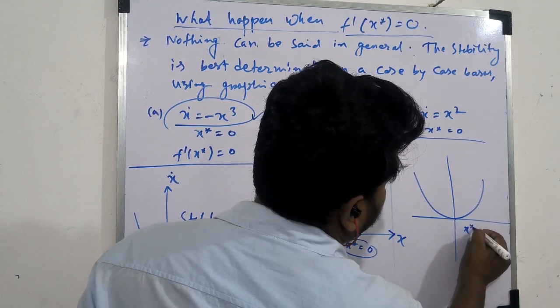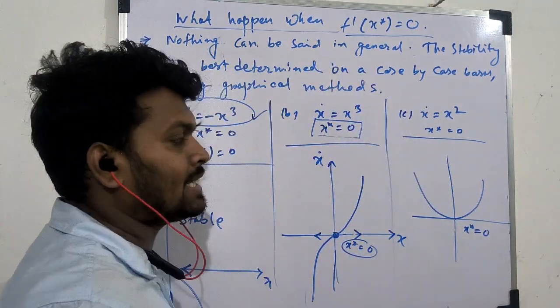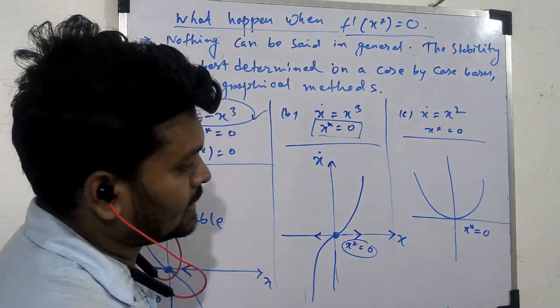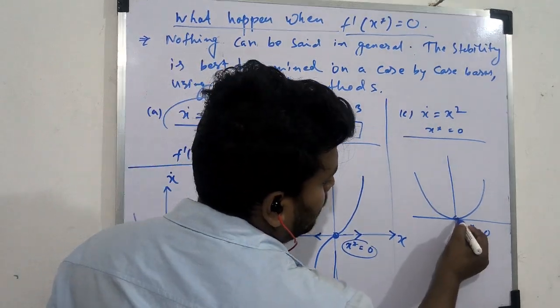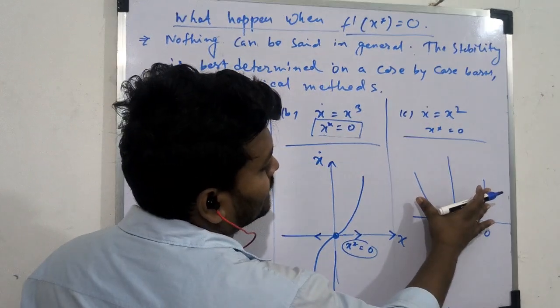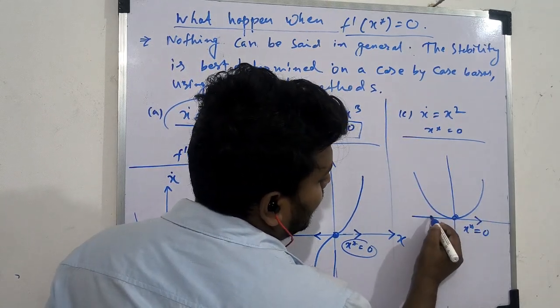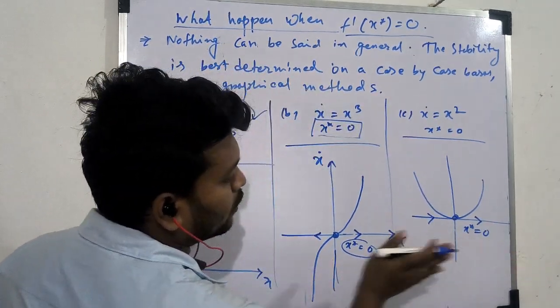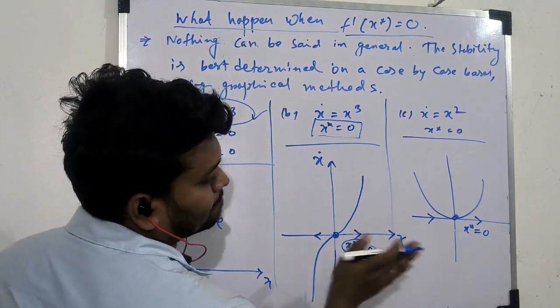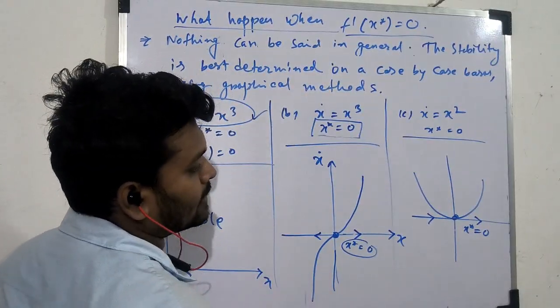And in this case the graph will look like this. So this is x star equal to 0, and f dash x star is also 0 in this case, but this is an equilibrium point, and on both sides x dot is positive, so the arrow will be toward the right side on both sides.